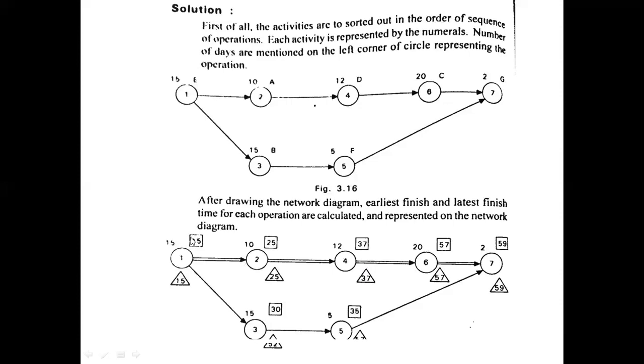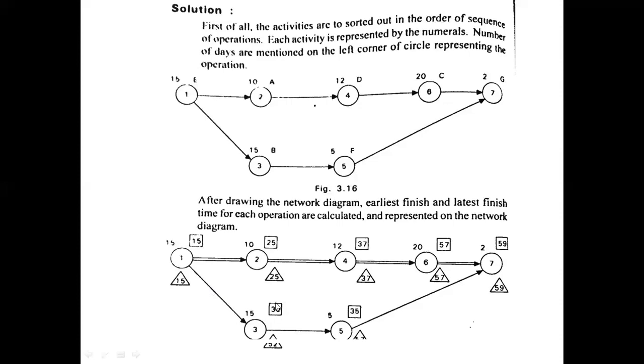It is the difference of earliest finish time and the latest finish time. For these activities, both are equal and the slack is equal to 0. So we have to mark those directions where the activity has slack as 0. That's why this path is considered as the critical path.